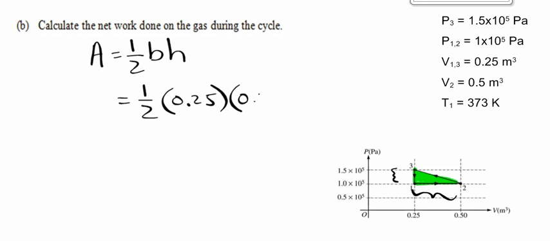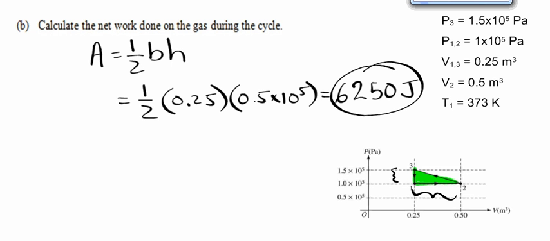If you're not confident about your conversions, you can just leave it like that. Now when you plug all that into your calculator, the sound cut out, but you can see you end up with 6,250 joules.